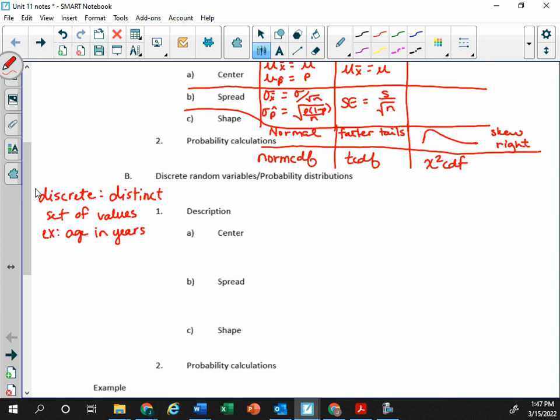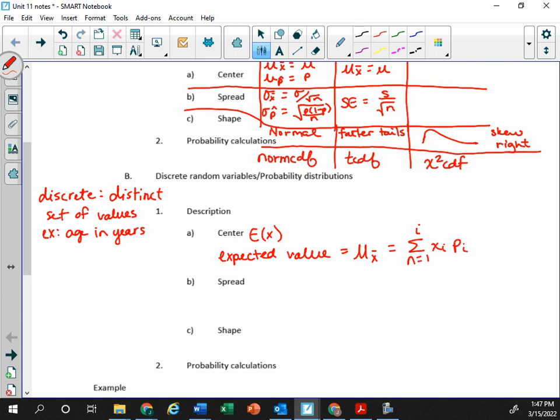All right, so our center on this is the expected value. A lot of times you'll see it written as E of X, or expected value. Okay, this is mu of X bar, which is equal to the sum of n equals 1 to I of X sub I times P sub I. I will explain, I promise.